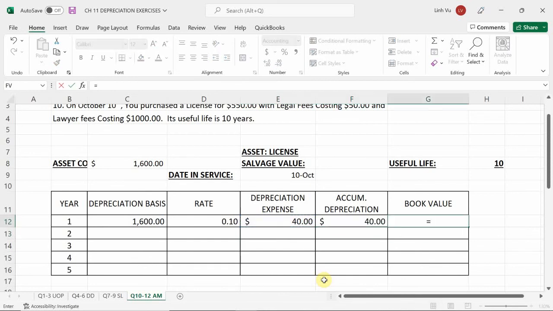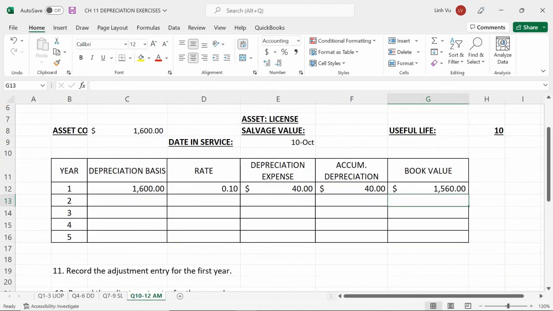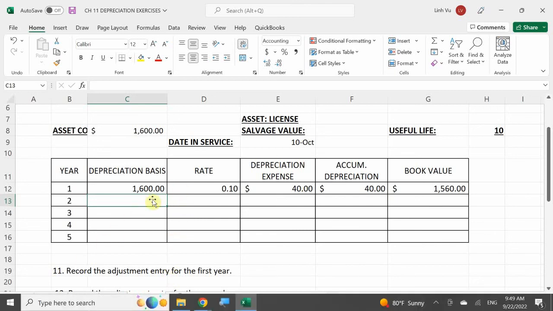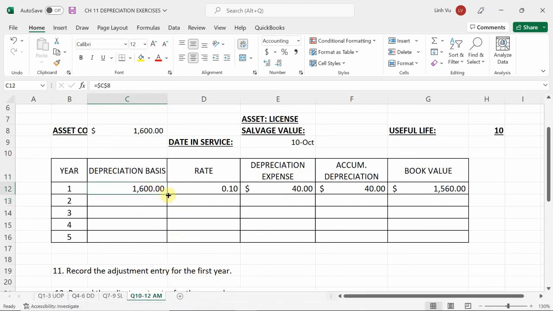So what's my book value going to be? $1,560. Okay. What about year 2? What's my depreciation basis going to be? 1,600. It's going to be 1,600 because again, the formula is going to be the asset cost minus salvage value.